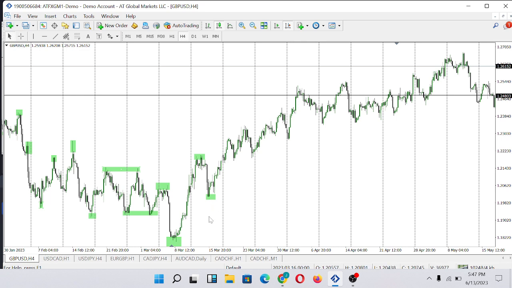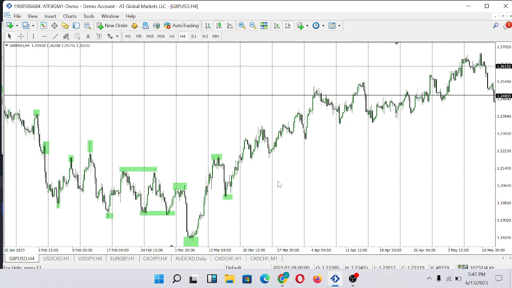Consider two candles, right? So now, if you look at this movement from here, it creates a high. We'll remove this.